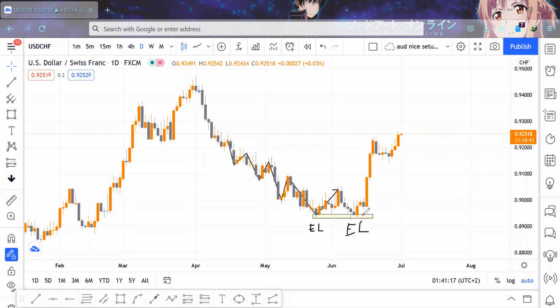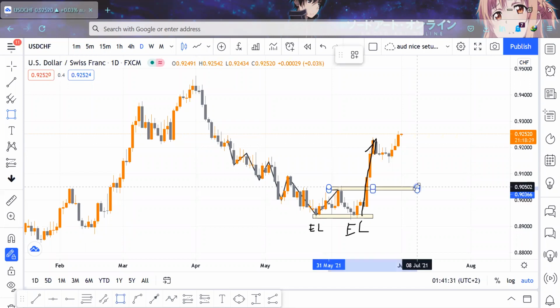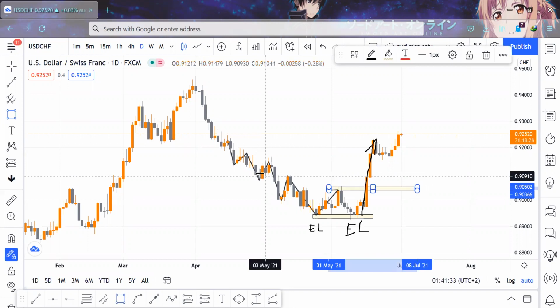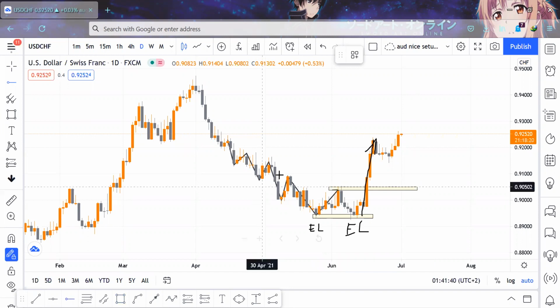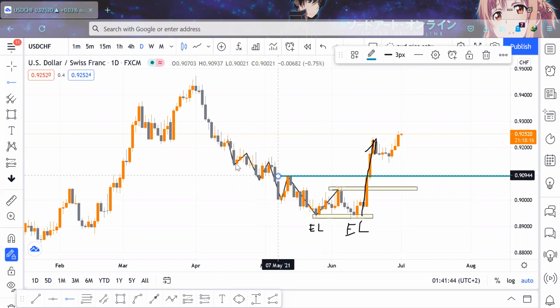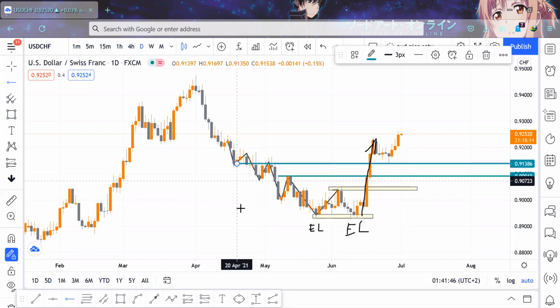Then the market pushed to the upside strongly, breaking a level of our previous data, right? Then the market also proceeded on breaking multiple levels on the previous data. We can see that this lower high was also broken. This lower high was also broken, right?